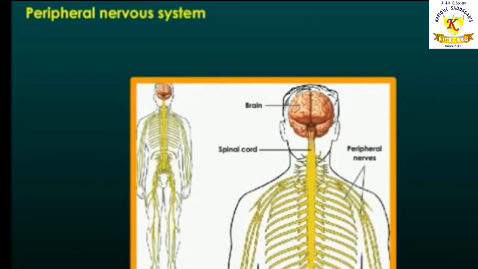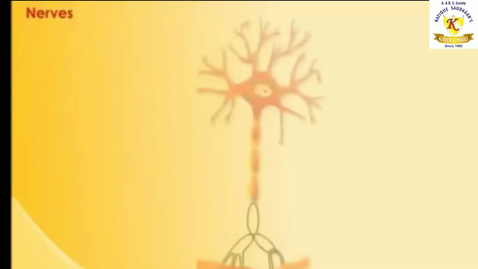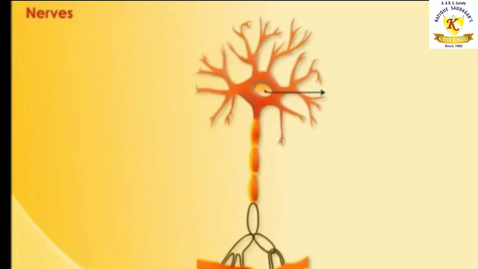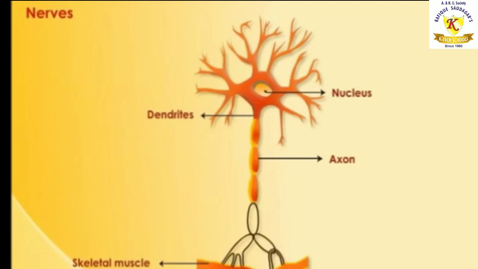Now let's see the peripheral nervous system. Peripheral nervous system consists of the nerves arising from the brain and the spinal cord. Nerves carry impulses to and from the central nervous system. We have learned this in our previous lecture.